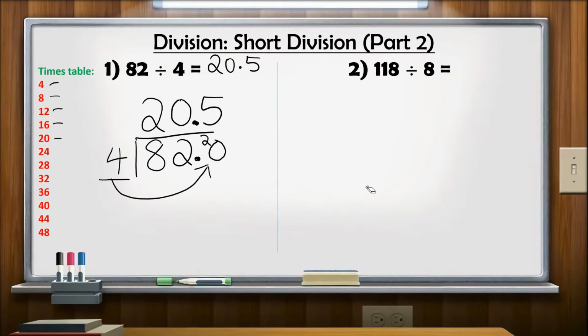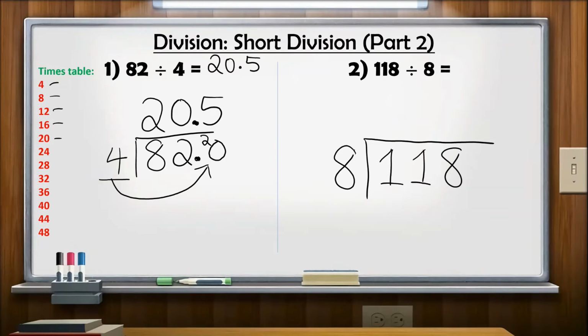Moving on to example 2, 118 divided by 8. I'm going to follow the same steps as I did for my previous example. Firstly, I'm going to set up my bus stop, and on the inside I will put my dividend of 118, and on the outside will be my divisor.